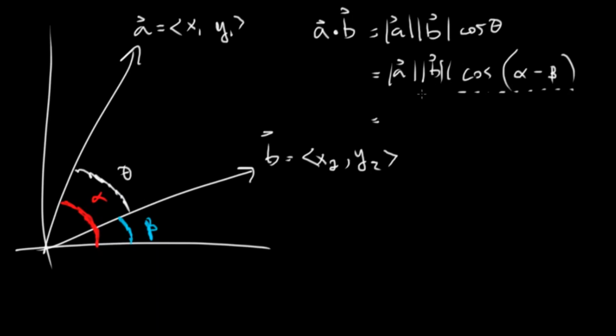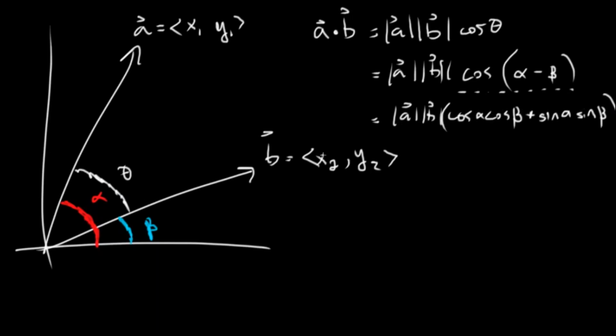The answer is, what can I do to cosine alpha minus beta? I'm going to go ahead and write that as cosine alpha cosine beta plus sine alpha sine beta. All right, we are on our way.